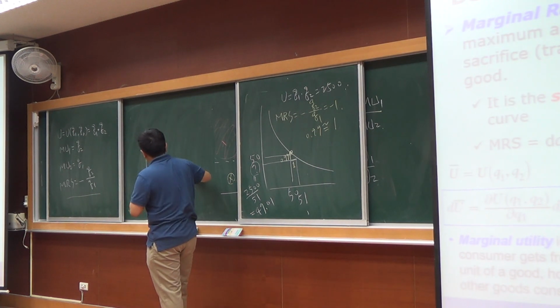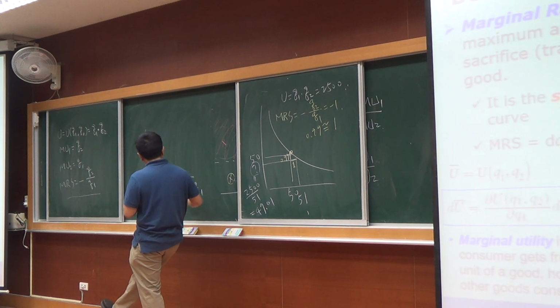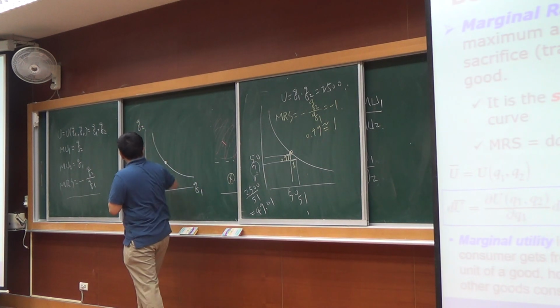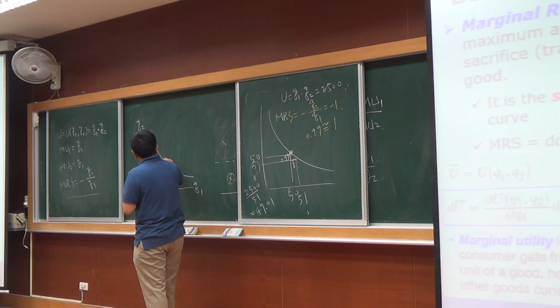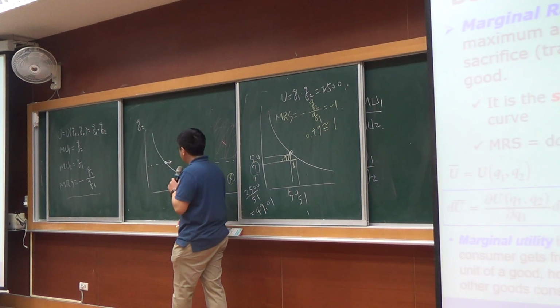Have a curve here, and for any point Q1, Q2, an extra unit holding Q2 at the same level.